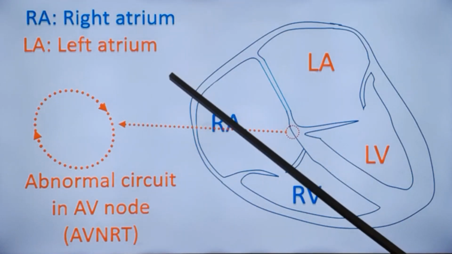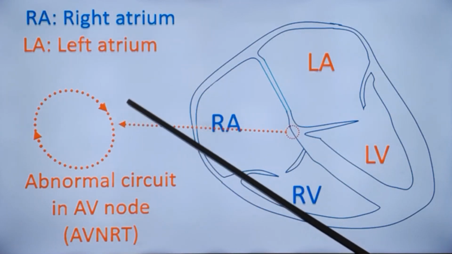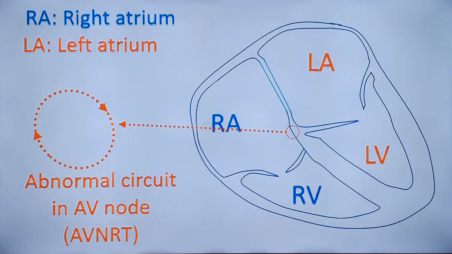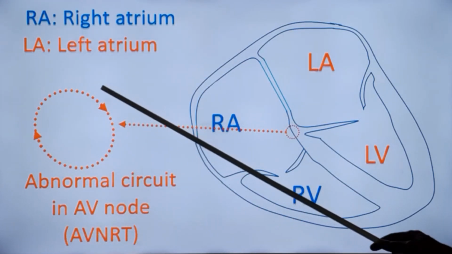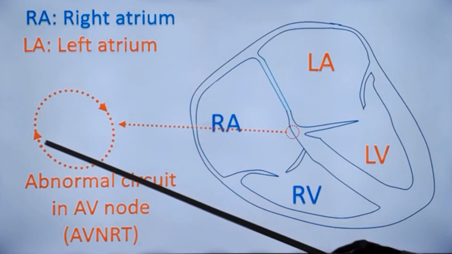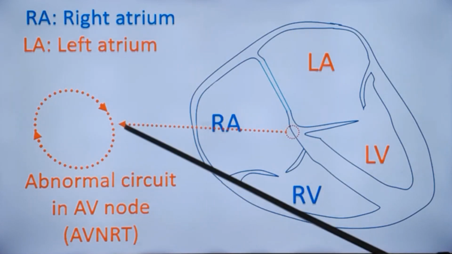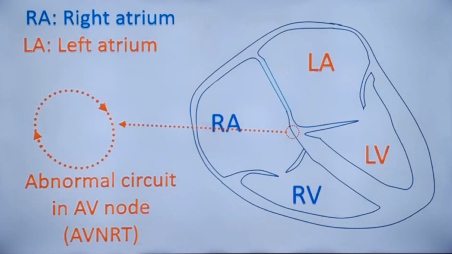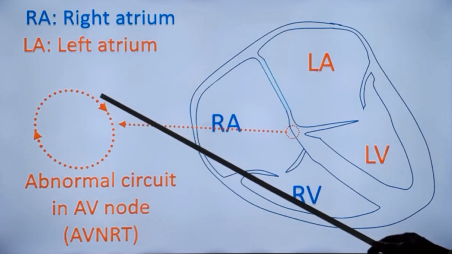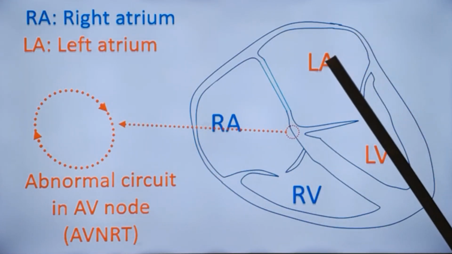But a premature beat sometimes finds that the fast pathway is refractory, as it has a longer refractory period, while the slow pathway has a shorter refractory period. Then instead of going down the fast pathway, it can go down the slow pathway, and when it reaches here, the fast pathway would have recovered and it will go back. That is the slow-fast variety of AVNRT. The other way around also is possible sometimes, the fast-slow variety. Then there is also slow-slow, but commonest would be a slow-fast AVNRT.